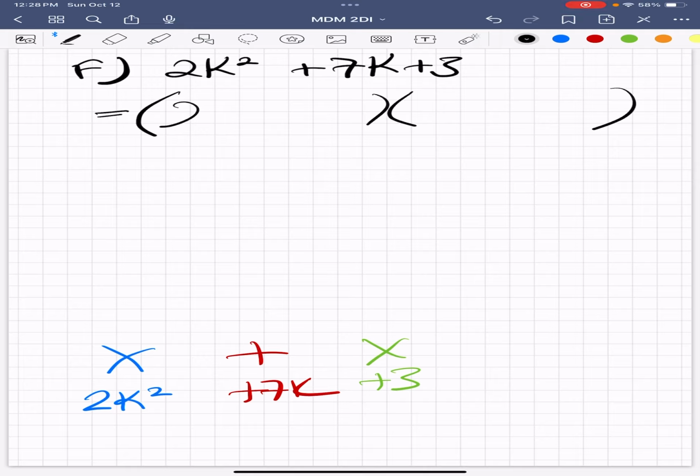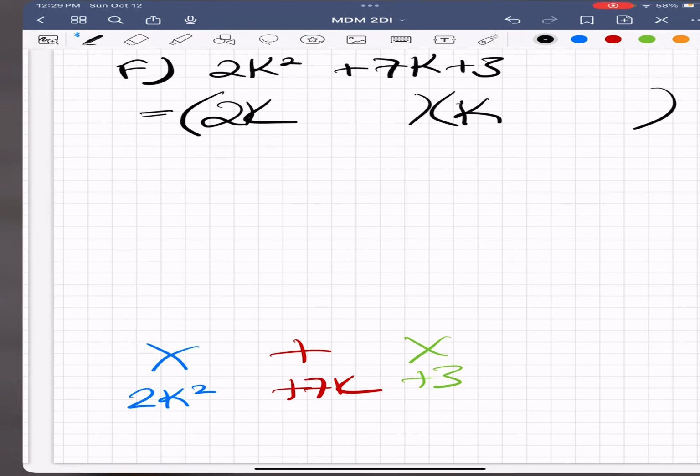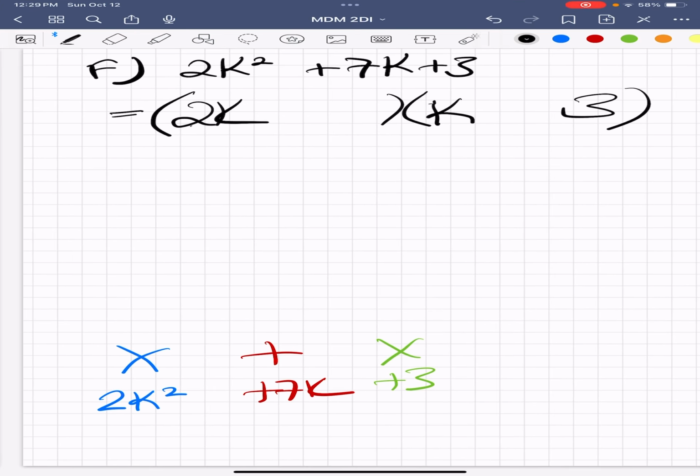Get our brackets ready: 2k and k. So it's positive 7k. If I put a 3 here, that'll be 6, and if I put a 1 here, that'll be 7. And it's positive, plus signs everywhere.